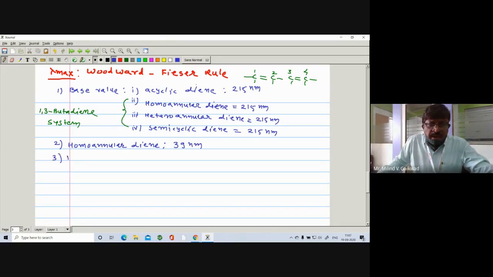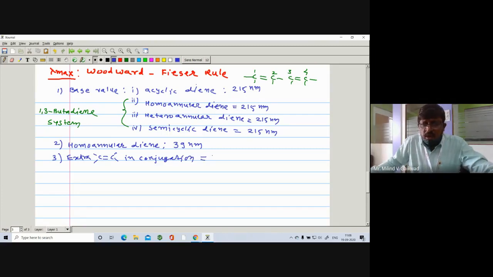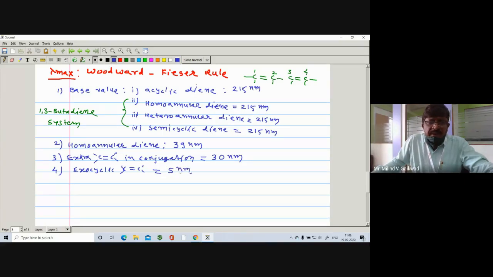If there is a presence of an extra carbon-carbon double bond in conjugation, then for each carbon-carbon double bond in the conjugation you have to add 30 nanometer. So these are the points that you should know. And apart from this, if the pi bond is a part of the system and it is an exocyclic carbon-carbon double bond, then for each you have to add 5 nanometer. So these are the 4 points that you should know, right?